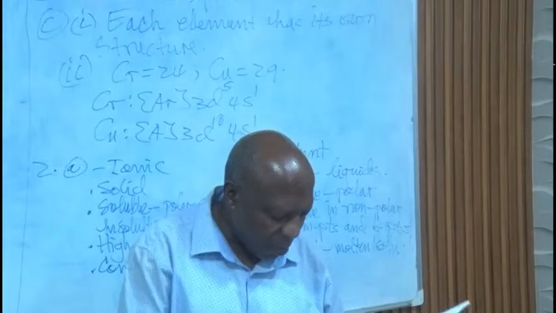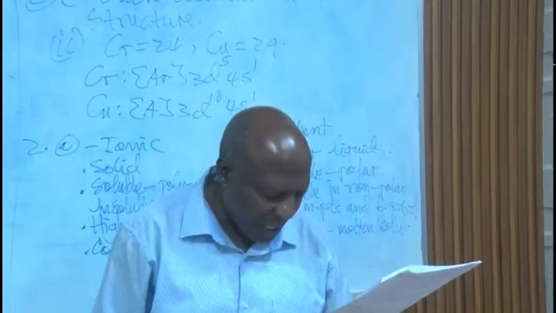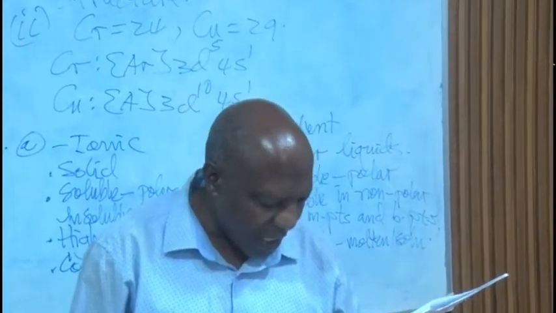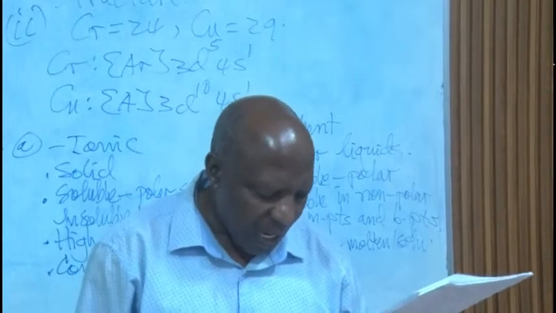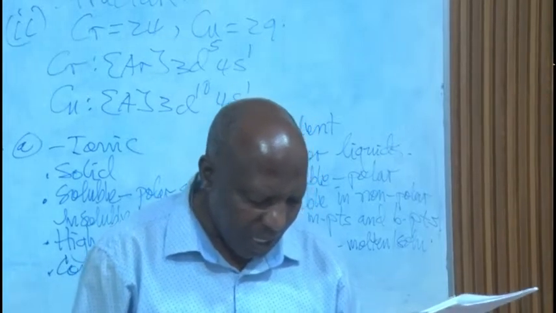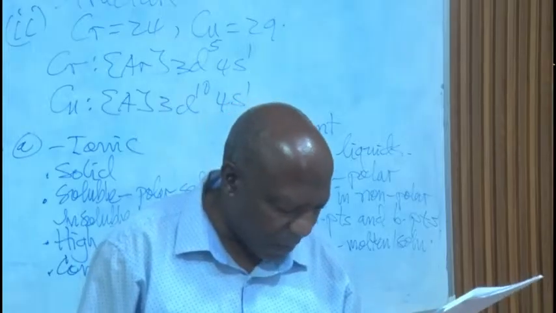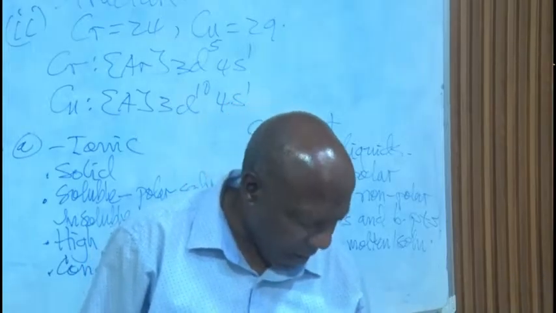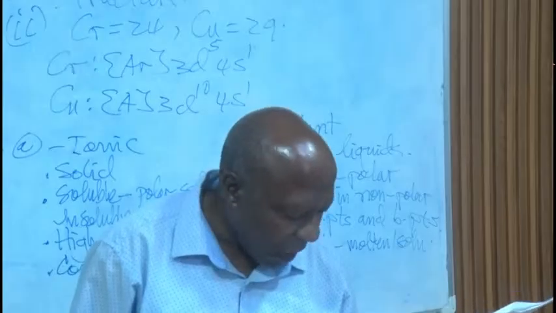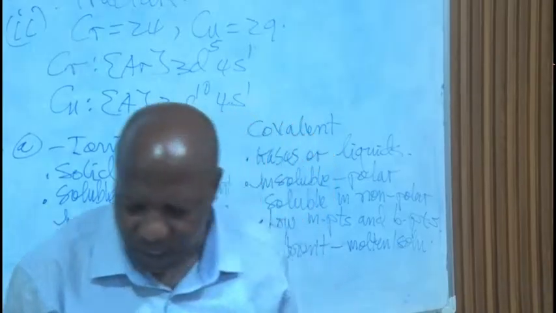Now, question number 2b: the bond angles in ammonia, that is 107.3 degrees, and methane, which is 109.5 degrees, differ, although they both have tetrahedral electron geometry.